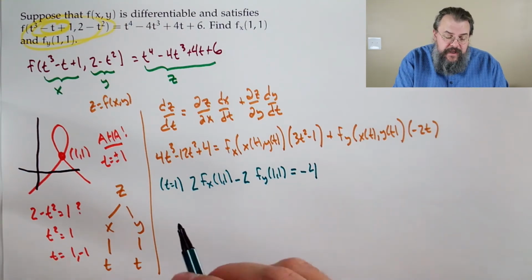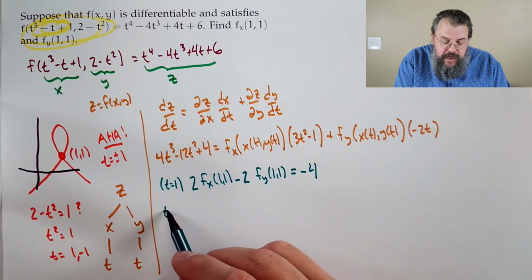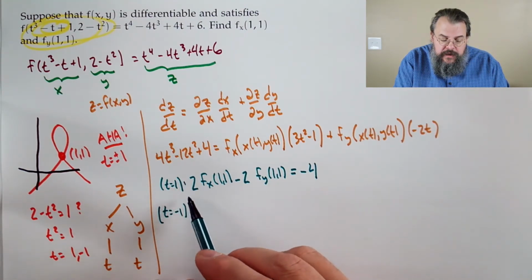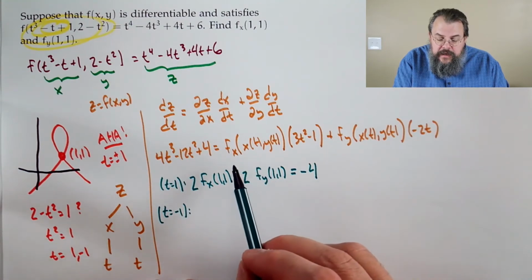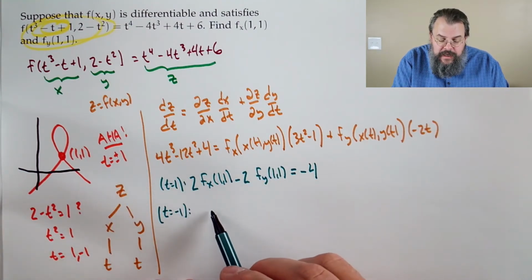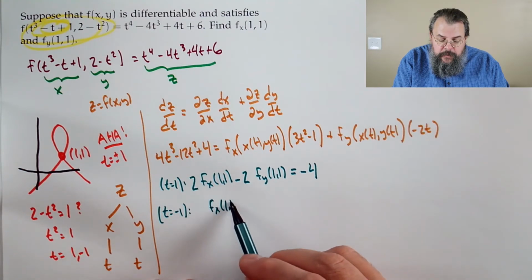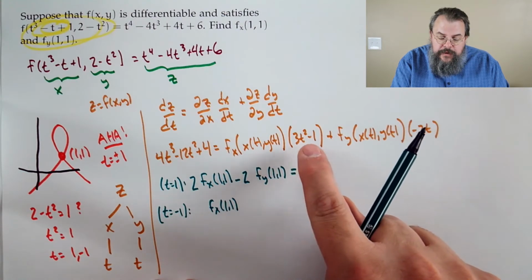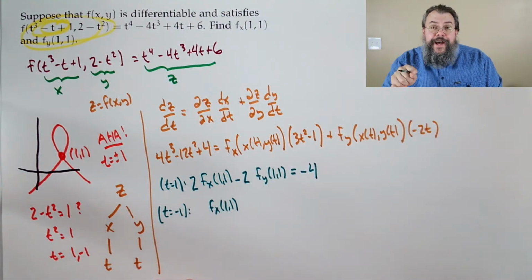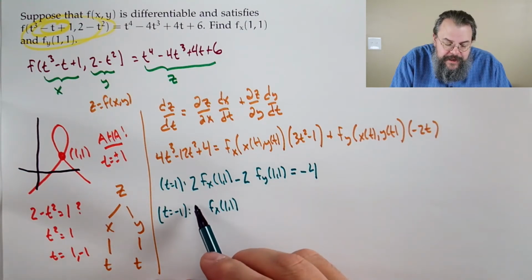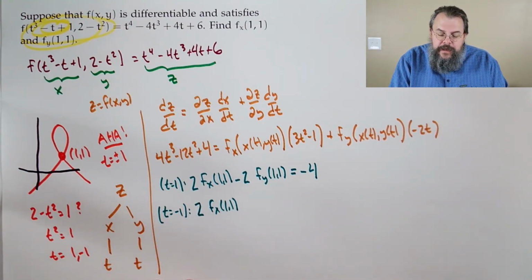Plug in the other time. At time equals -1, what do we have? Well, again, we're at the same point. We're at the point 1, 1. So we're going to get fx at 1, 1. And now when we plug in 3 times -1 squared minus 1, we're going to get still 2, right? Because the square doesn't really do anything different.